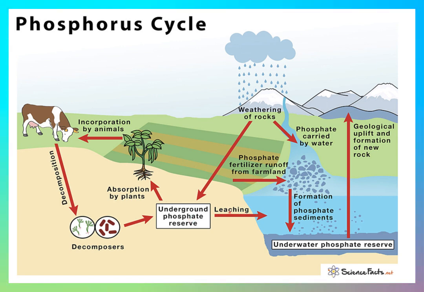This is then leached out of the ground into the water. There's an underwater phosphorus reserve, and phosphorus running off from the land. This goes up into the ground in the areas here, and then is ultimately taken up in this area. And then when rain comes down, it dissolves phosphorus and takes it back into the ground.